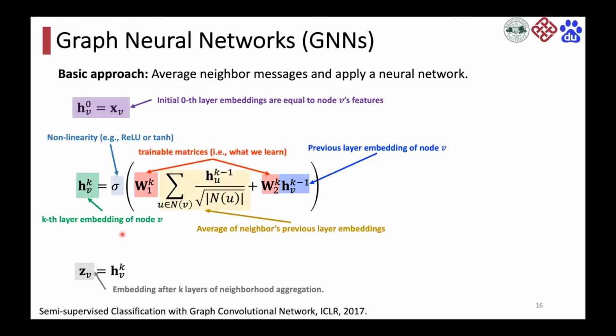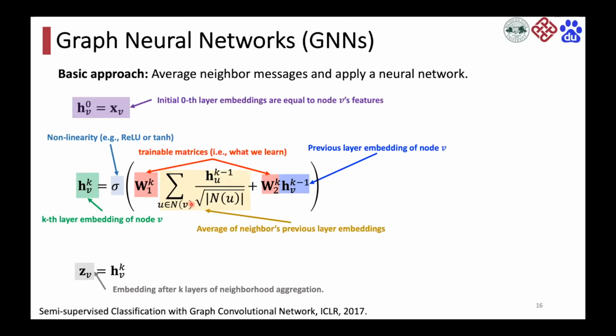Now, we need to explain what is happening. Here, sigma is the non-linear activation function, like the ReLU, which is the one people like to use the most. What we are doing here is computing the representation for node v at layer k.